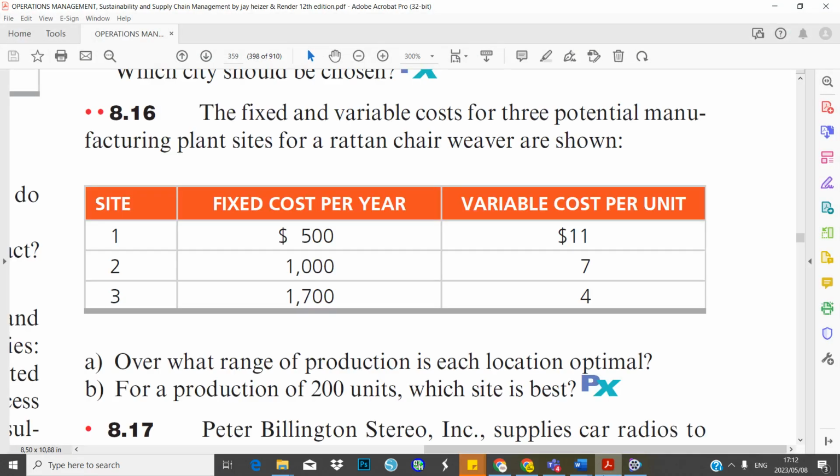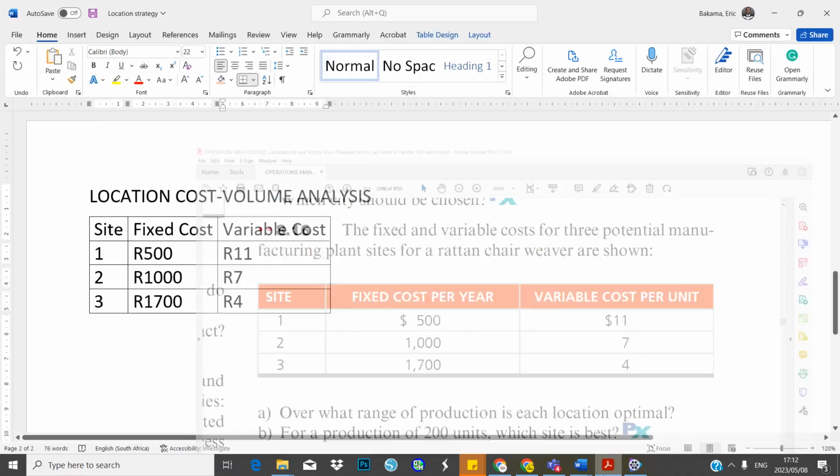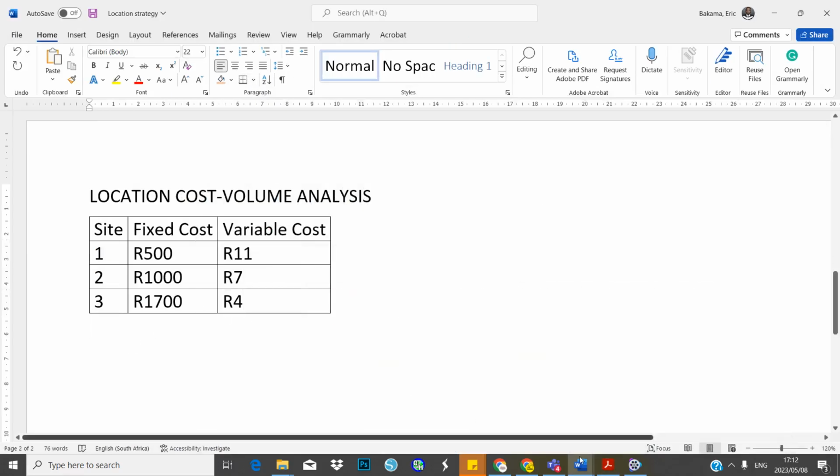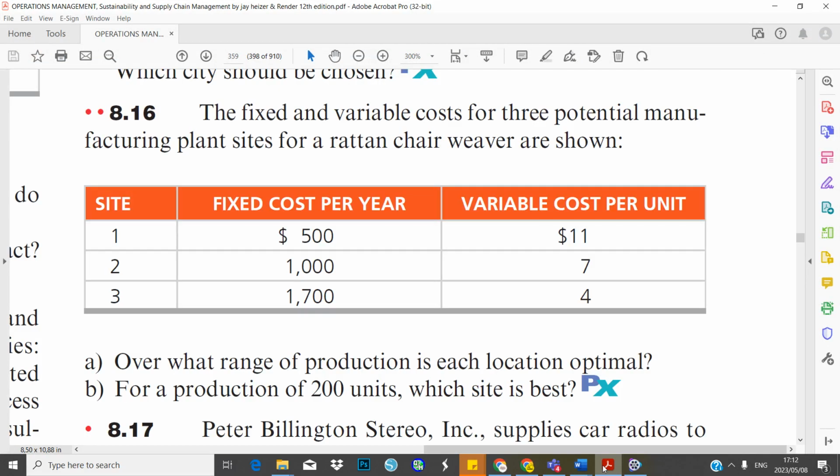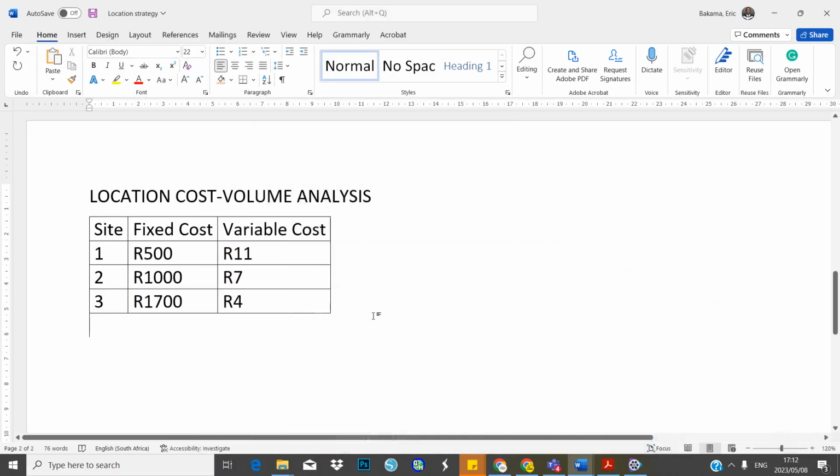Now the very first question that is asked is, over what range of product is our location optimal? What it means here is they just want to know how many units we need to produce so that location 1 is not different from location 2, or location 2 is not different from location 3, and everything.